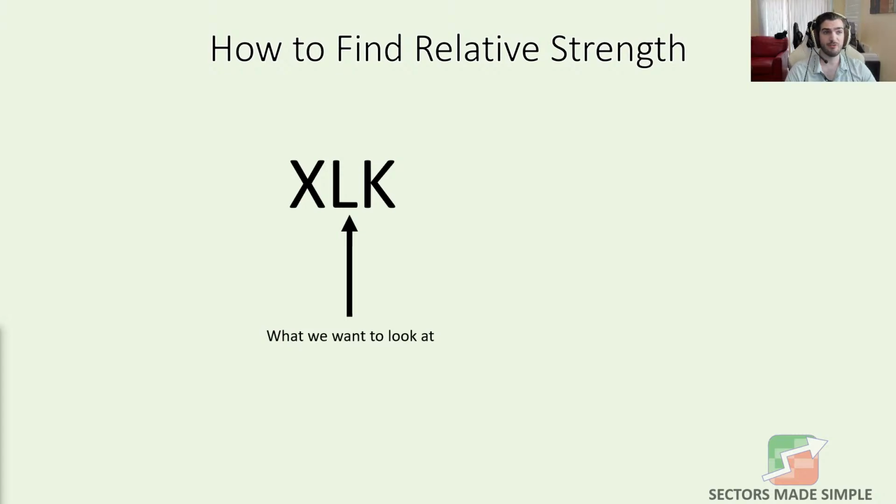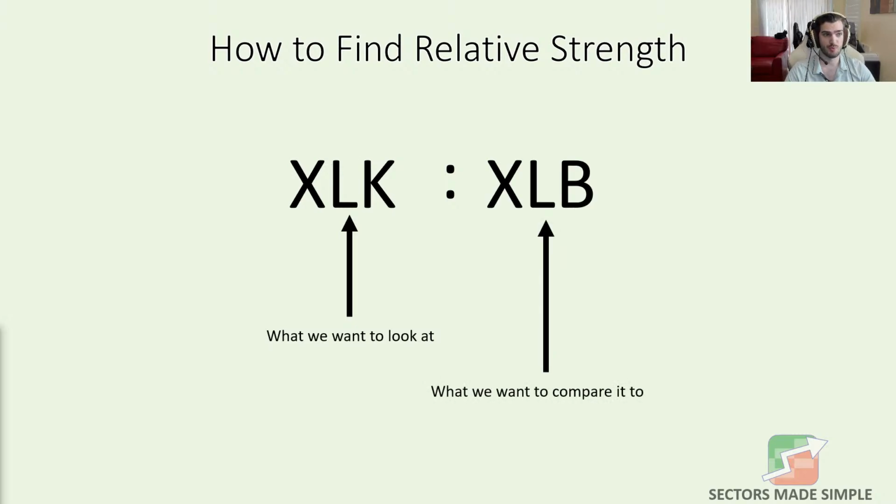In this case, we're going to use the S&P 500 ETF for technology, XLK. Then to tell StockCharts that we want to do a relative strength, we're going to put a colon, so the dot dot, and then what we want to compare it to. So in this case, we are looking at XLK compared to XLB, the materials sector ETF for the S&P 500.